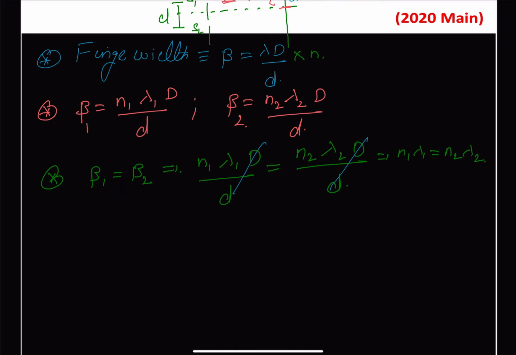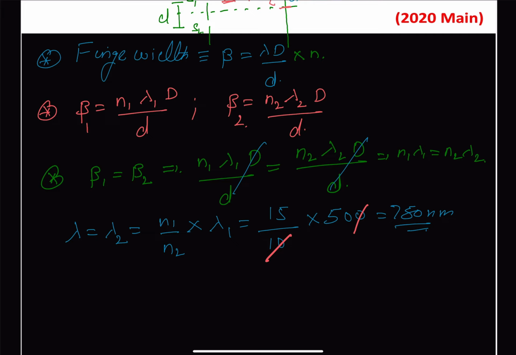So we can write that lambda is equal to lambda 2, and that will be equal to n1 divided by n2 multiplied by lambda 1, and n1 is 15, n2 is 10, and lambda 1 is given as 500, and the zero cancels, and this will be equal to 750 nanometers. Therefore lambda is equal to lambda 2, and that is equal to 750 nanometers.